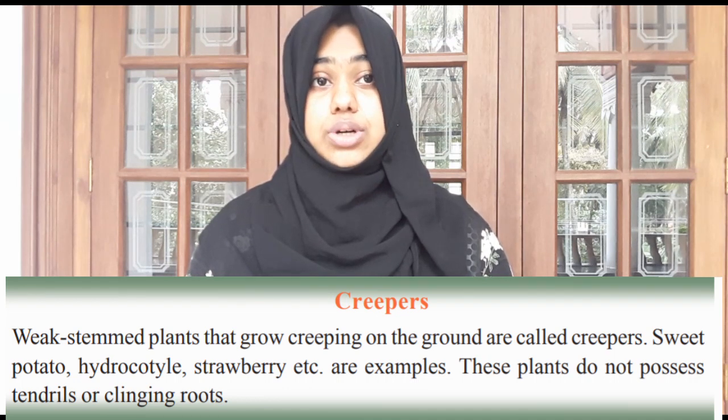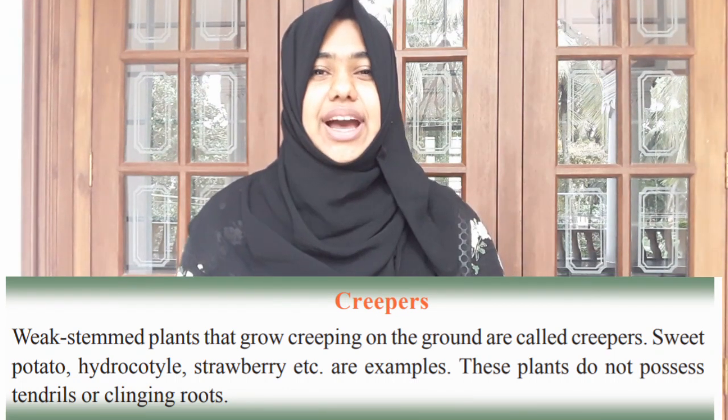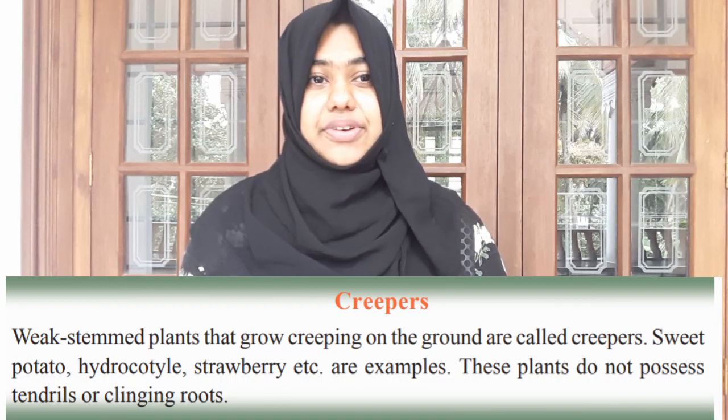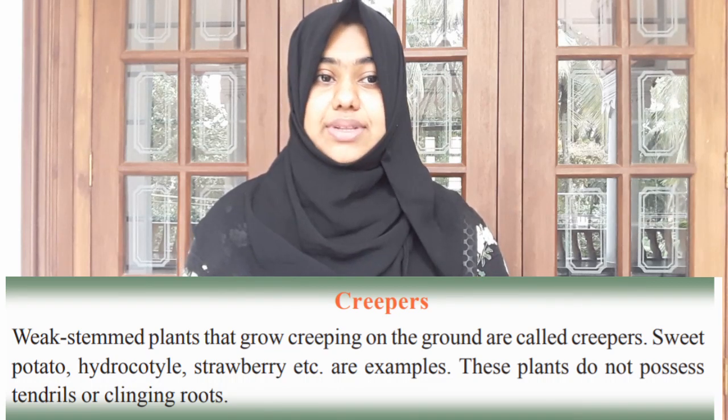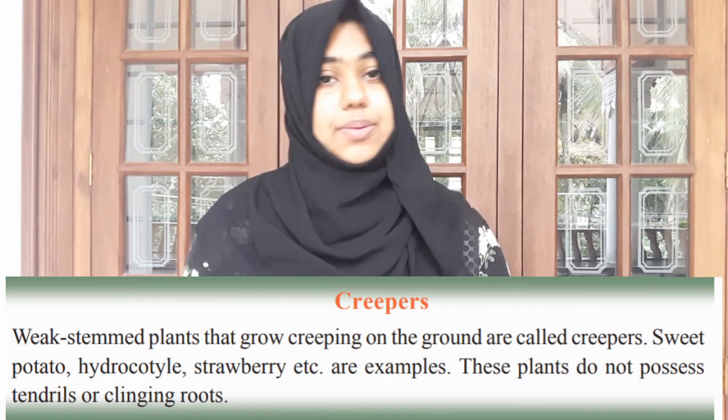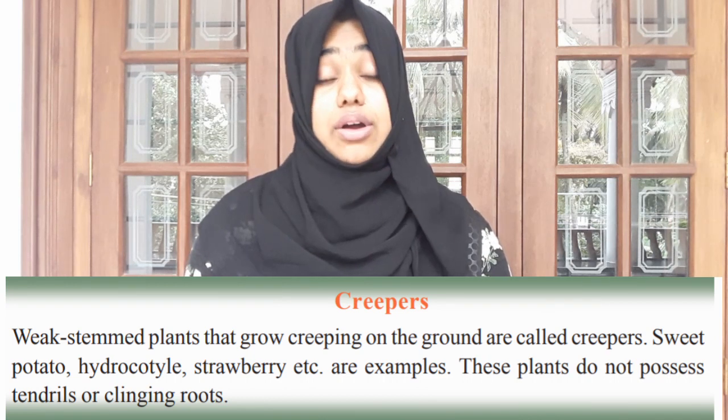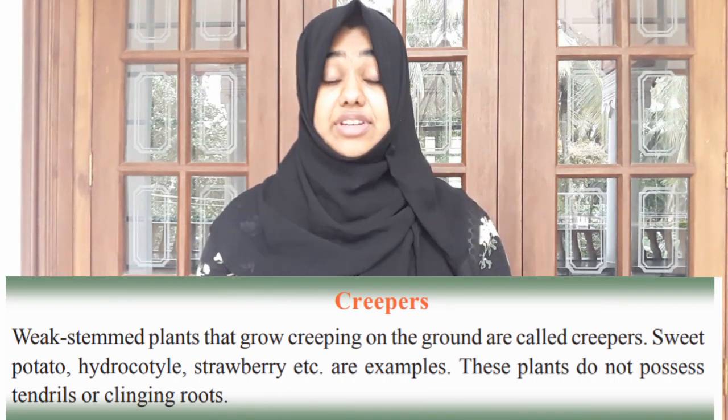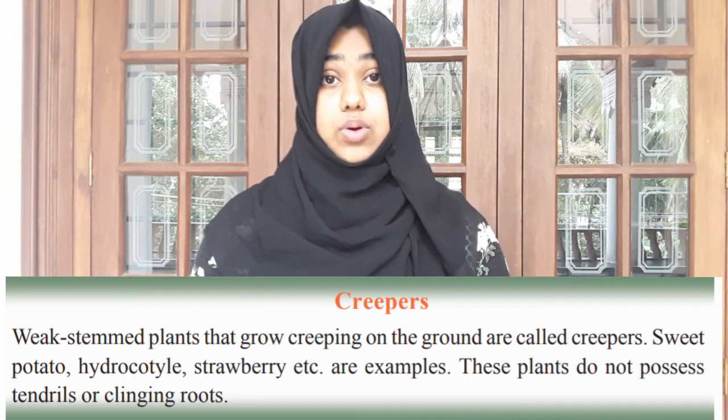Sweet potato, hydrocotyle, strawberry, etc. are examples. These plants do not possess tendrils or clinging roots. So climbers have tendrils to help them climb, okay? But these creepers do not possess any tendrils. All right.